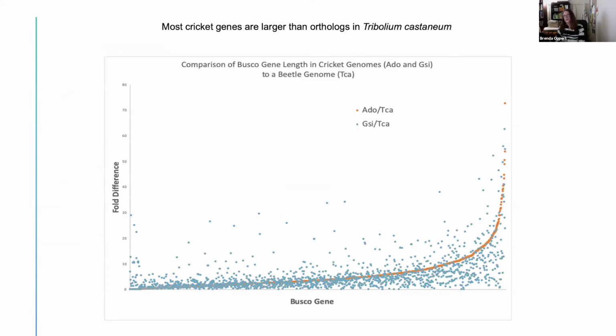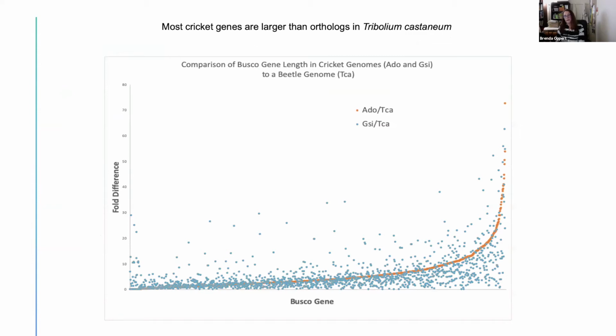We also noticed that the cricket genes are much larger than the orthologs in the beetle Tribolium castaneum. I just pulled out the length of the BUSCO genes from the crickets, and compared them to the beetle.